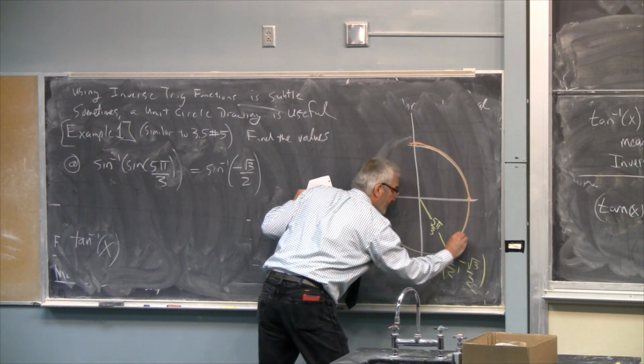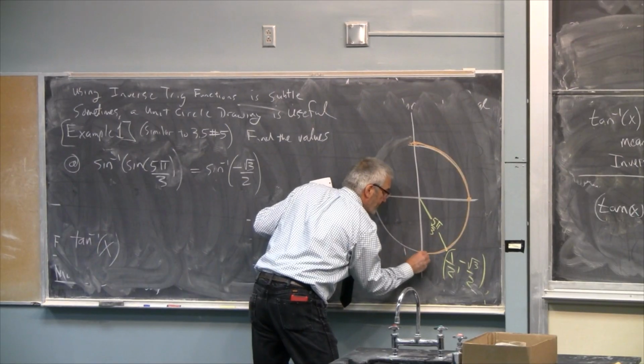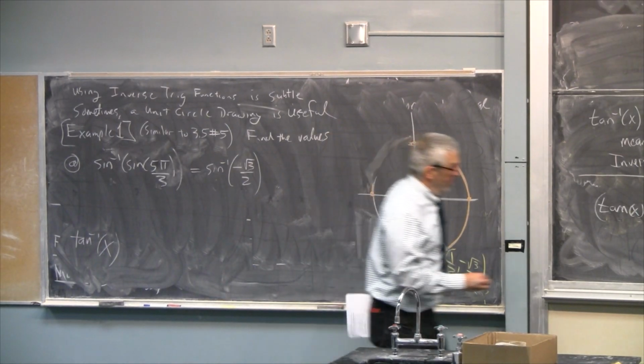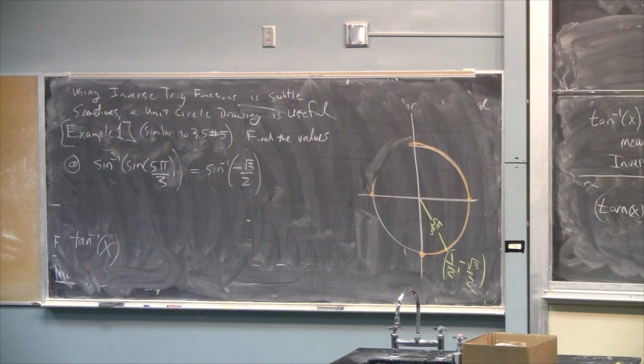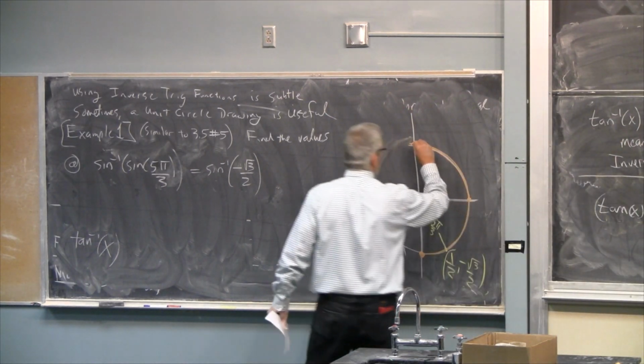The sine inverse function has range. Remember that it has domain negative 1 to 1 and has range negative pi over 2 to pi over 2. So the only angles that I'm allowed to consider are these orange angles.